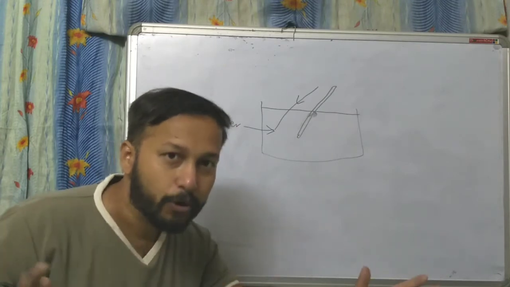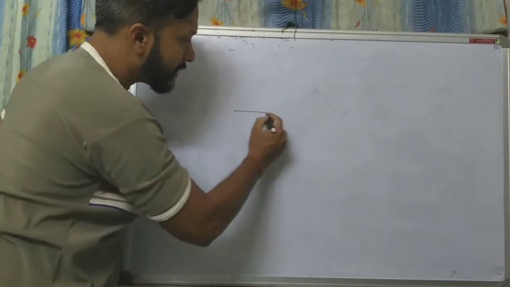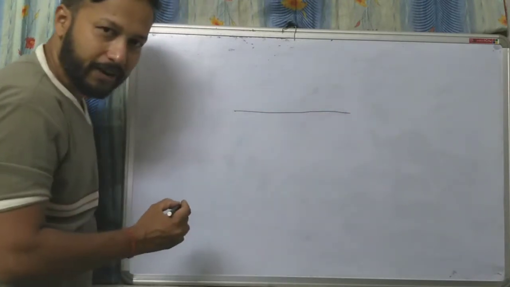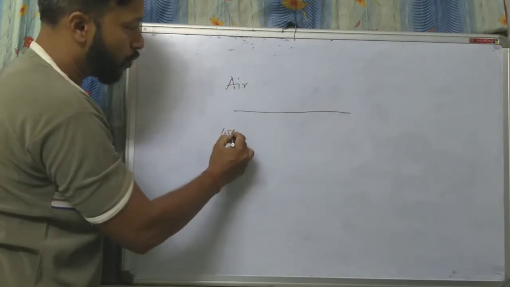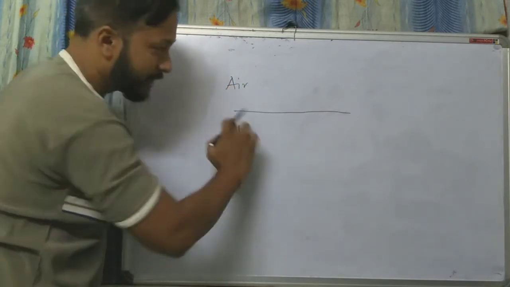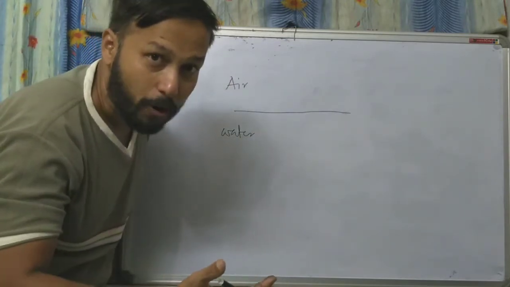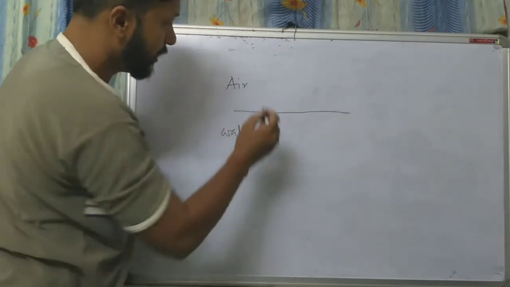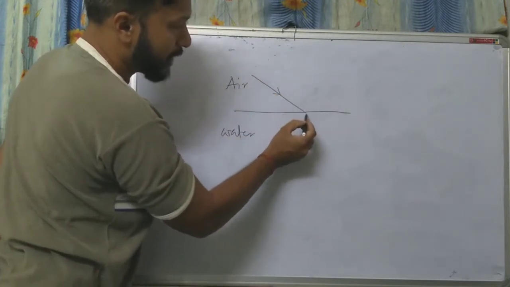Now we will elaborate it. Say, this is water level. Fine. This is air and this is water. Fine. And this is water level. Now say a ray of light is going from air to water.